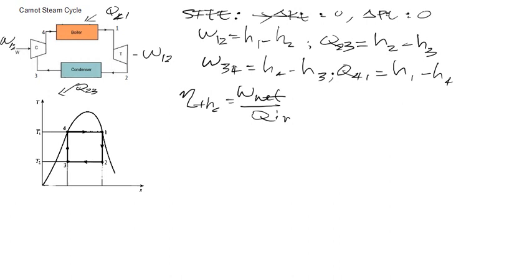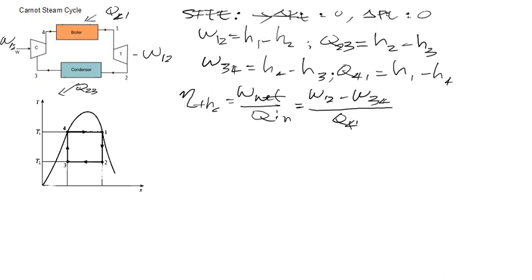And in this case, the W net is equivalent to the W12 minus W34, while the heat or the energy input Q in is equivalent to the Q41. So based on this formula, meaning that we need to get all the enthalpies at every state 1, 2, 3, and 4.